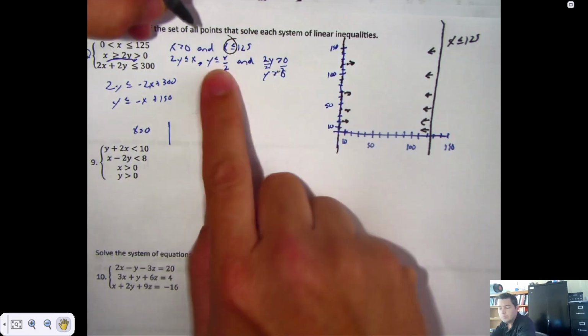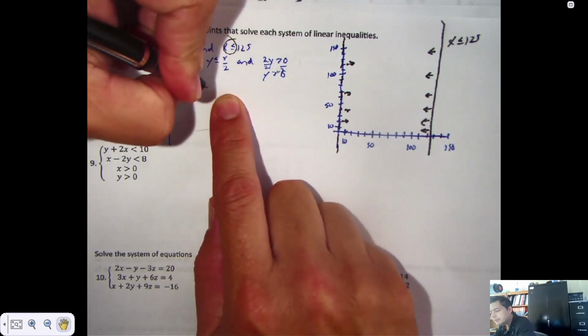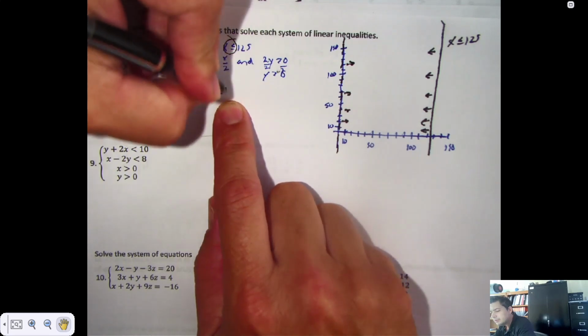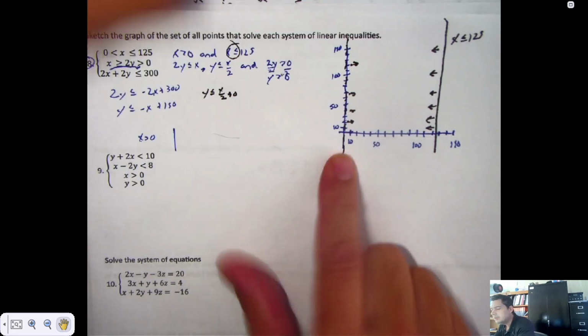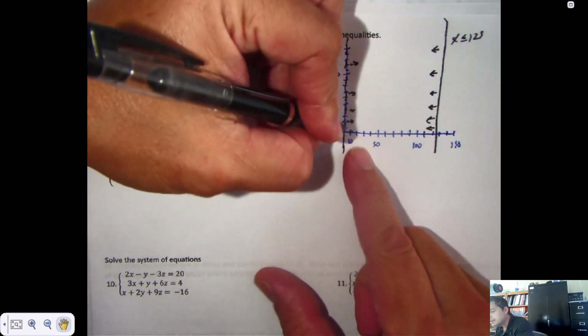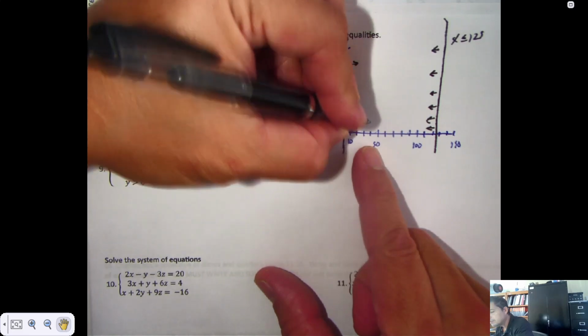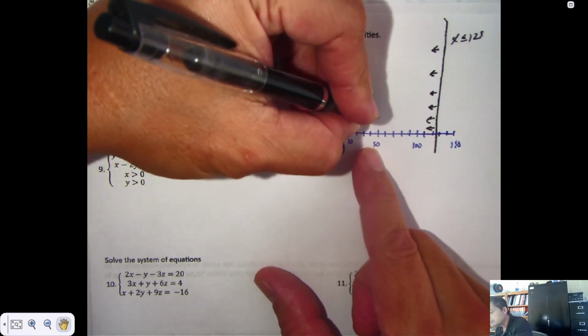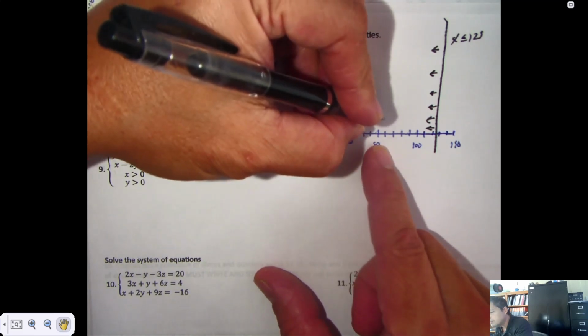All right, y less than or equal to x over 2. Think about that. Y-intercept of 0, rise 1, run 2. So in other words, rise 10, run 20. Oop, missed it.